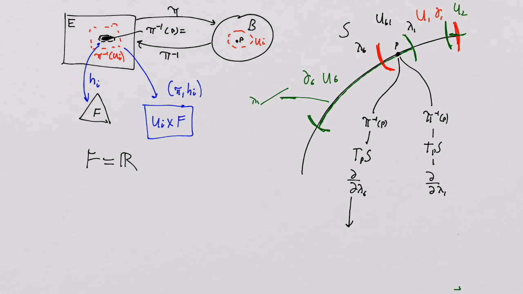Those mappings are going to be called, in this case, H6 at P, and this mapping is going to be called H1 at P, and it will give us the component X6, and this will give us the component X1. And those mappings are exact analogs of these over here. That's what H6 is, and that's what H1 is.